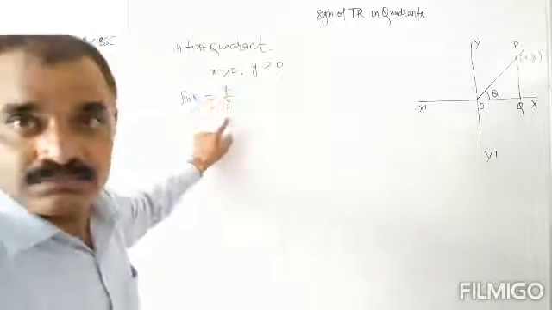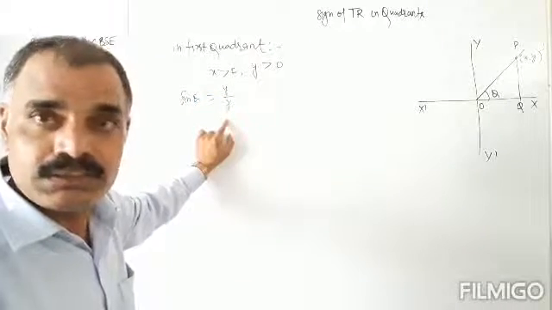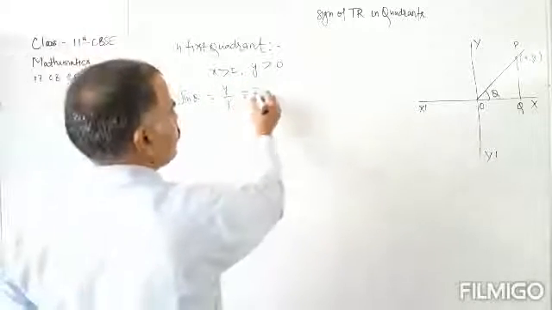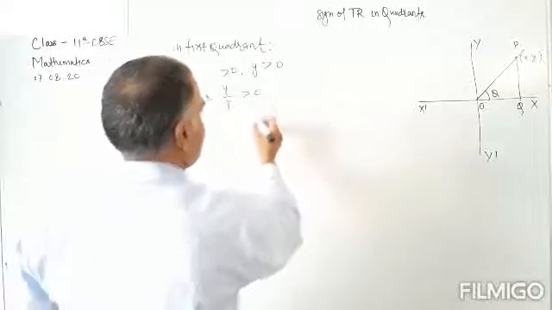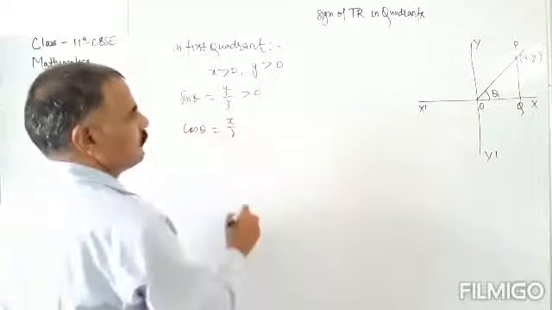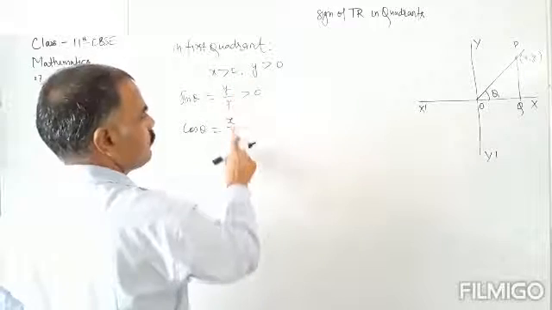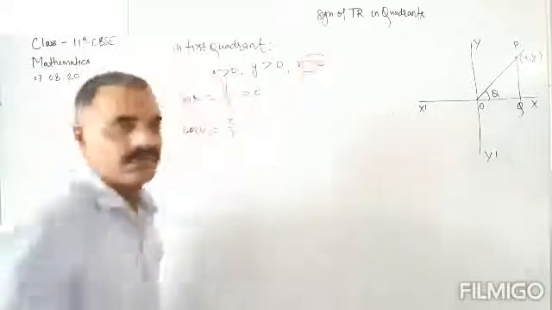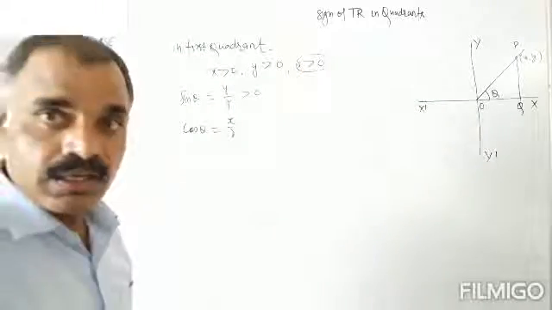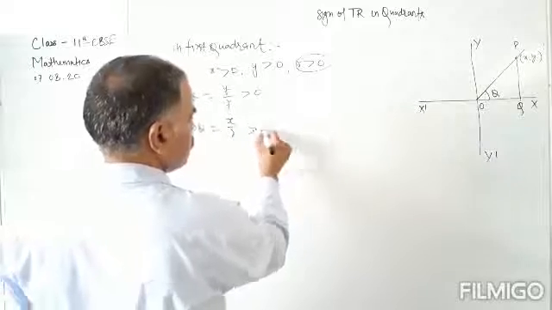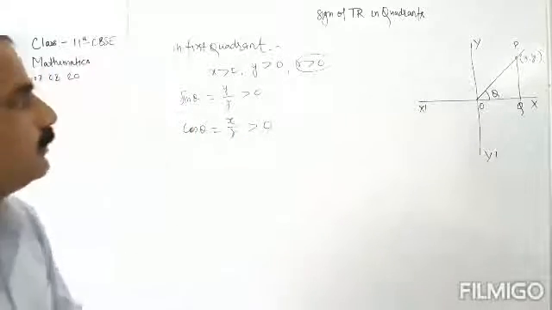R is the length, that is already positive, and y is positive, that is why sin theta is positive. Okay, and cos theta is equal to x upon r. X is greater than 0, r is greater than 0 everywhere. So x upon r, positive upon positive is positive. So cos theta is also positive.